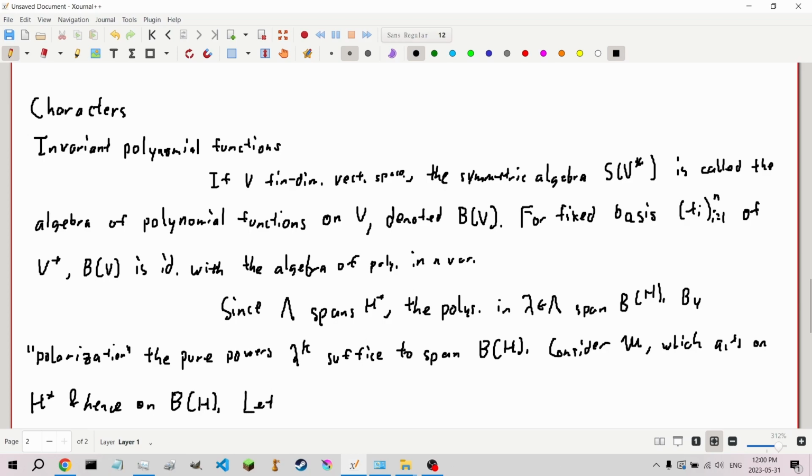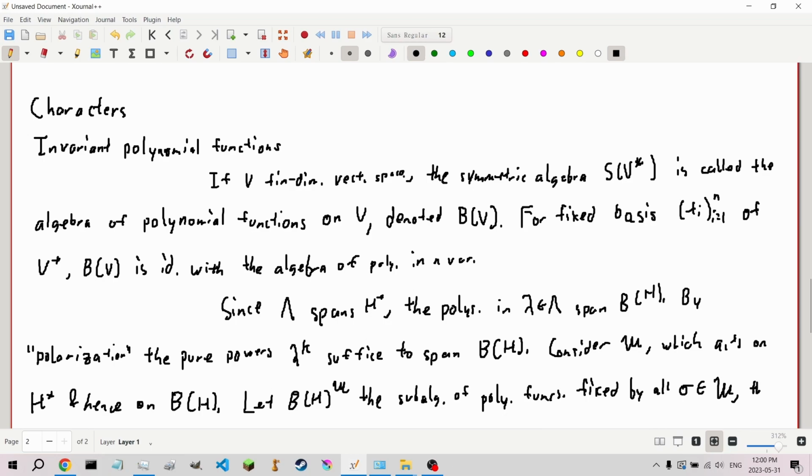Now we're going to let B of H to the Weyl group be the subalgebra of polynomial functions fixed by every element in the Weyl group.